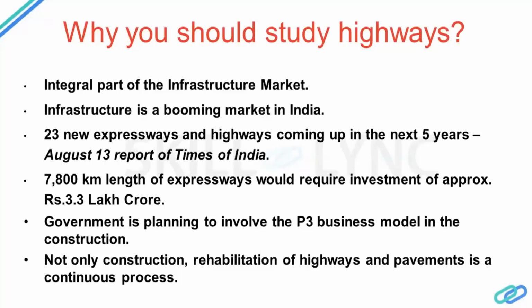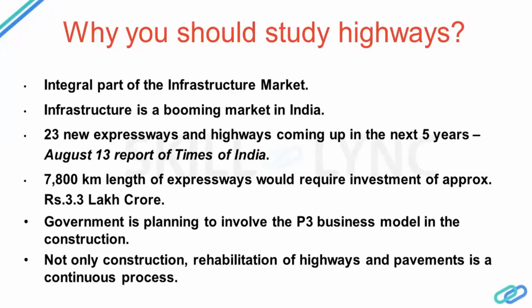In this, what we mean is the private players, the companies who are coming into construction, they make a joint venture or they come in by themselves. And like we mostly have toll plazas on the road. That is one part of a P3 business model, in which the company generates its revenue by charging the people itself.